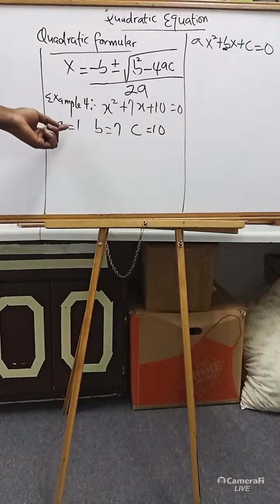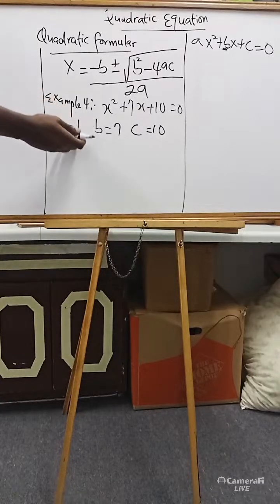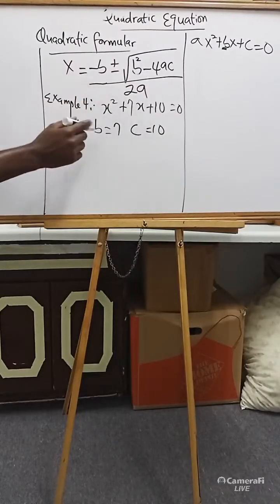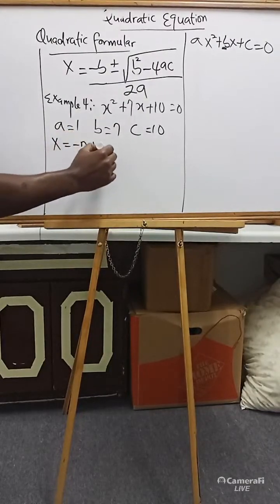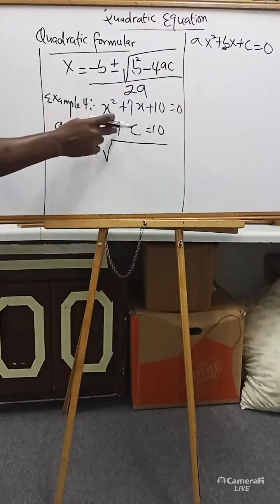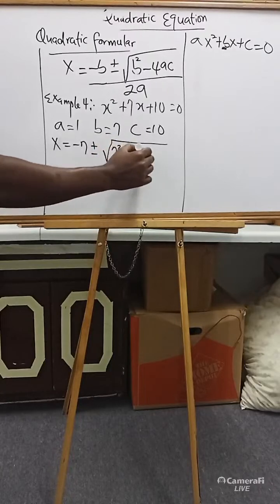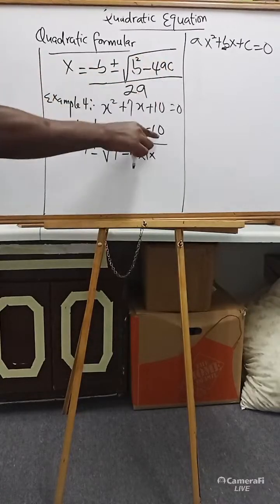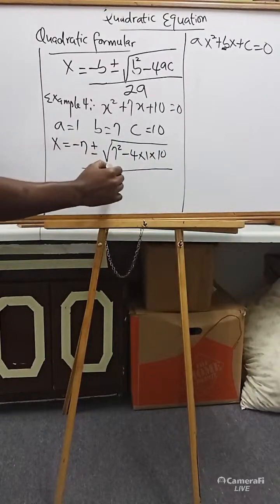So we want to plug these values into the general quadratic formula. So plugging this in, we have that x equals negative b, which is negative 7. We are plugging in this value of b, plus or minus root b squared, which is 7 to the power of 2, minus 4 multiplied by a, which is 1, multiplied by c, which is 10, all over 2a.